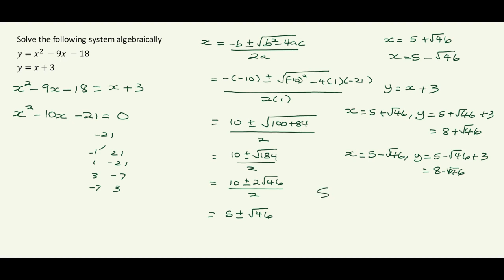So our solutions are 5 plus the square root of 46, 8 plus the square root of 46, and also 5 minus the square root of 46, 8 minus the square root of 46. This is how you would apply the algebraic method to solving a system of quadratic and linear equations.